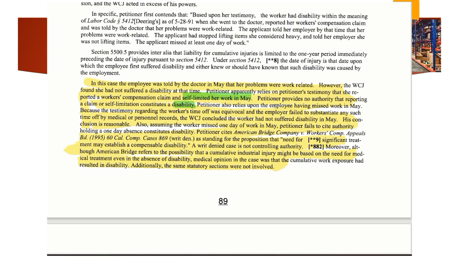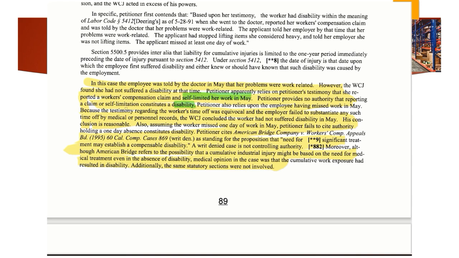CIIC also relied on the employee having missed work in May. Apparently, there was some evidence that Ms. Wagner missed a day of work in May, and CIIC contended that this missed one day of work constituted the disability.